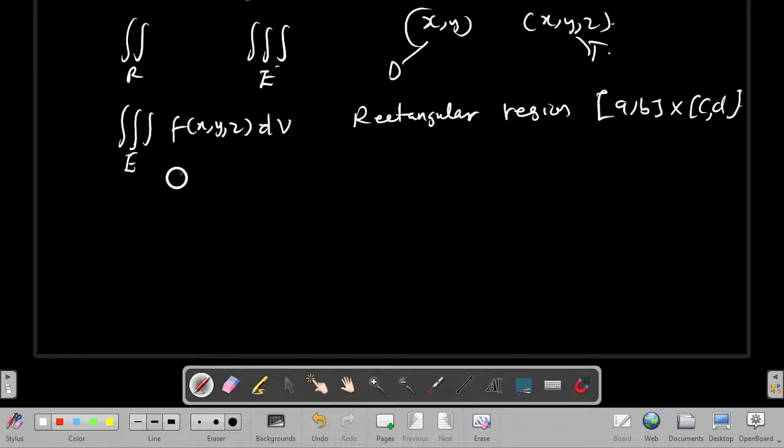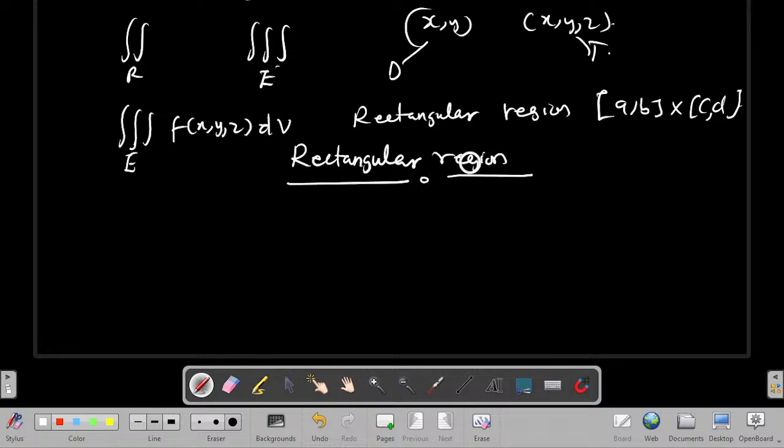Okay, so the first type, as usual, will be the rectangular region. So you do the rectangular region, then you move to the general regions. Anytime you hear rectangular regions, you are trying to say that the region of our interest is made up of only constants.